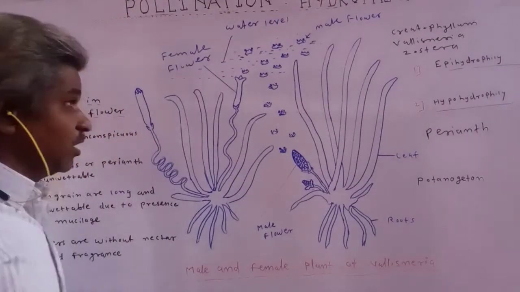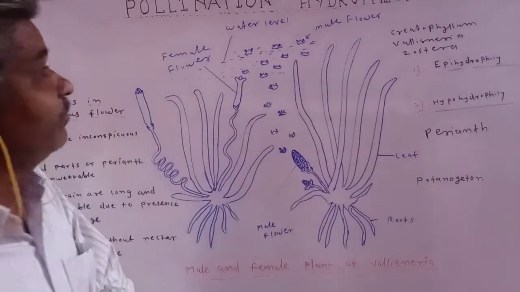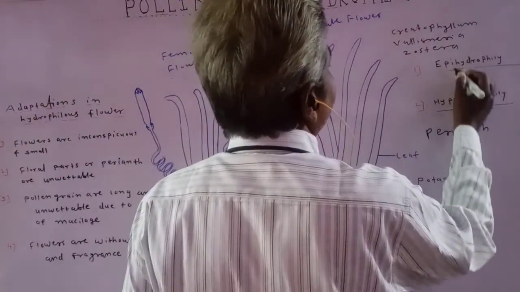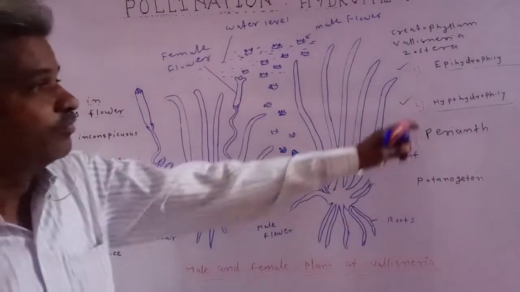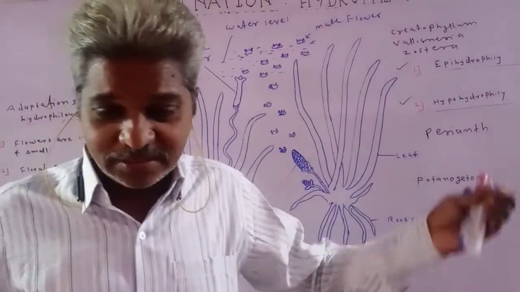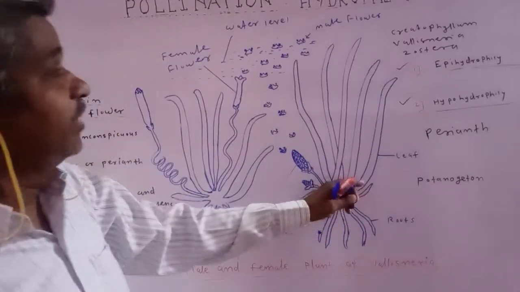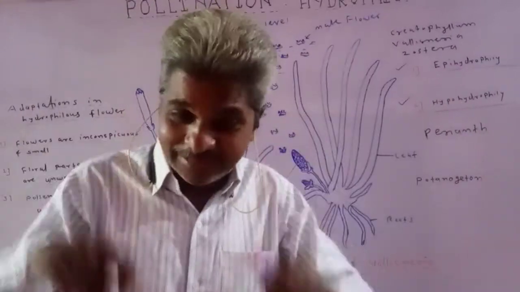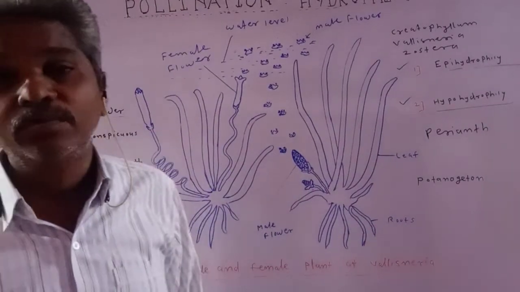Now we are going to discuss the types of hydrophily. Hydrophily is mainly of two types, epihydrophily and hypohydrophily. Pollination that takes place on the surface of water is called epihydrophily, and pollination that takes place below the surface of water is called hypohydrophily.